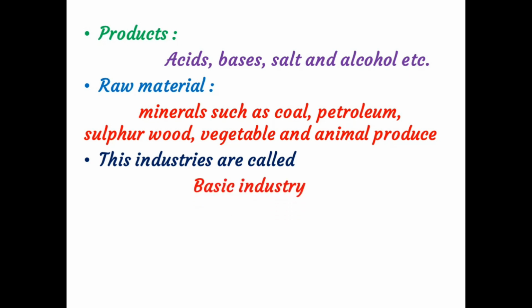basic industry. Why, children, are these industries called a basic industry? And which industries are called a basic industry? Chemical industries are called a basic industry because the chemical industry supplies raw materials for industries such as glass, fertilizers, rubber, leather, paper, textiles, etc. That means these industries supply raw material for other industries.